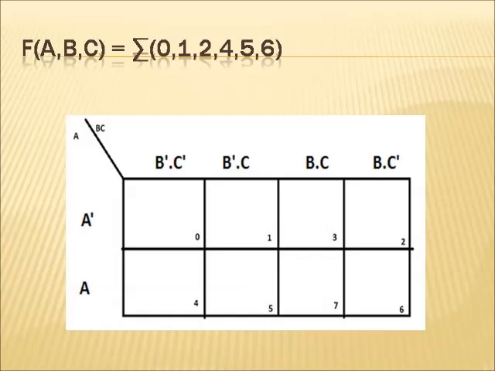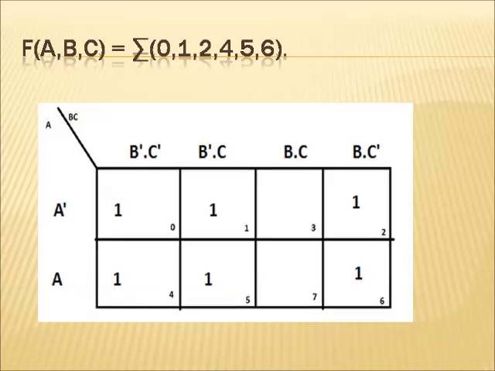So when we draw the K-map, we need to mark only the given index positions, right? So that means we can mark 0, we can mark the cell numbered as 1, we can also mark the cell numbered as 2, we can also mark the cell numbered 4, 5 and 6. So that is what we are going to see in the next page, right?